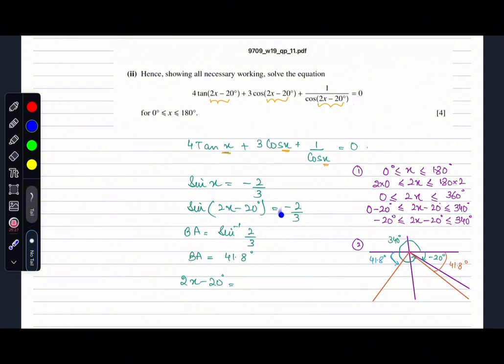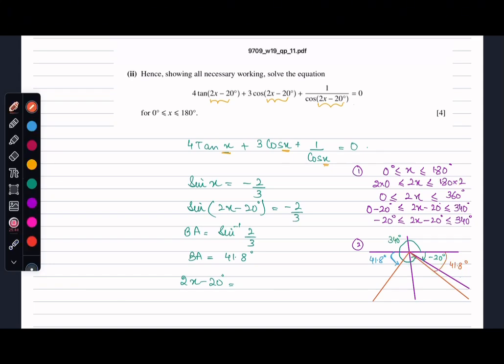Now, because the sine was negative, we have located it in the third and the fourth quadrant. So in the third quadrant, this is going to be 41.8 degrees here, and in the fourth quadrant it should be 41.8 degrees over here.